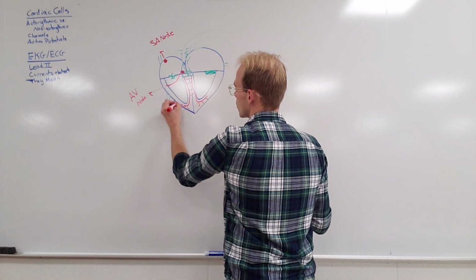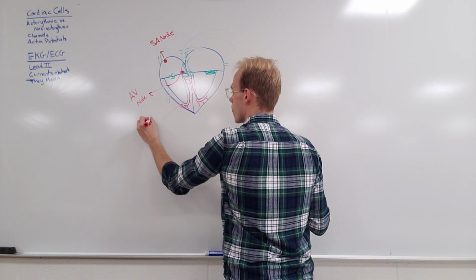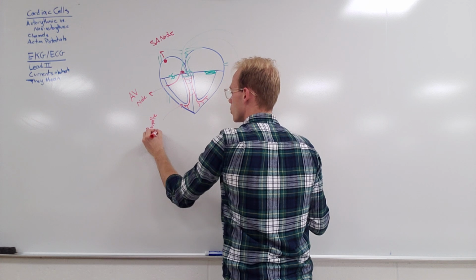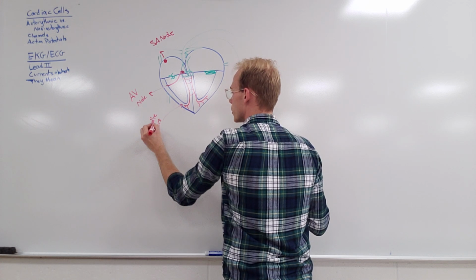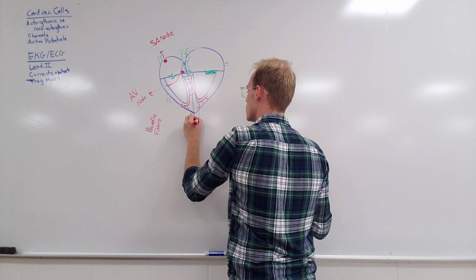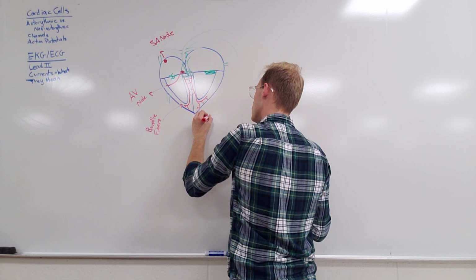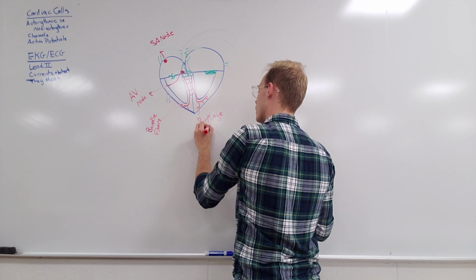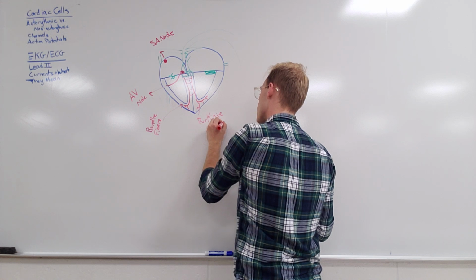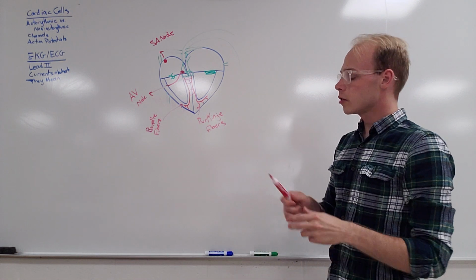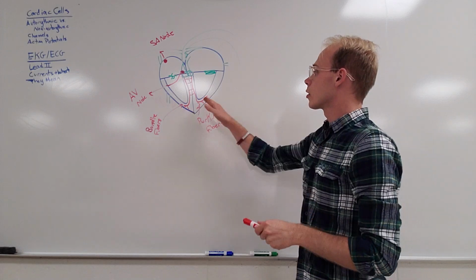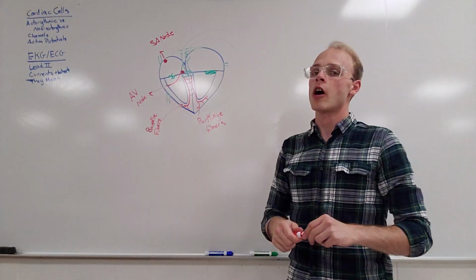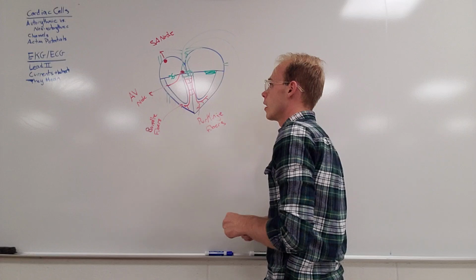So these bundle fibers, and then these little things are Purkinje fibers. And so those 4 groups of cardiac cells, those are your autorhythmic cells. And that's what we're going to go over first.